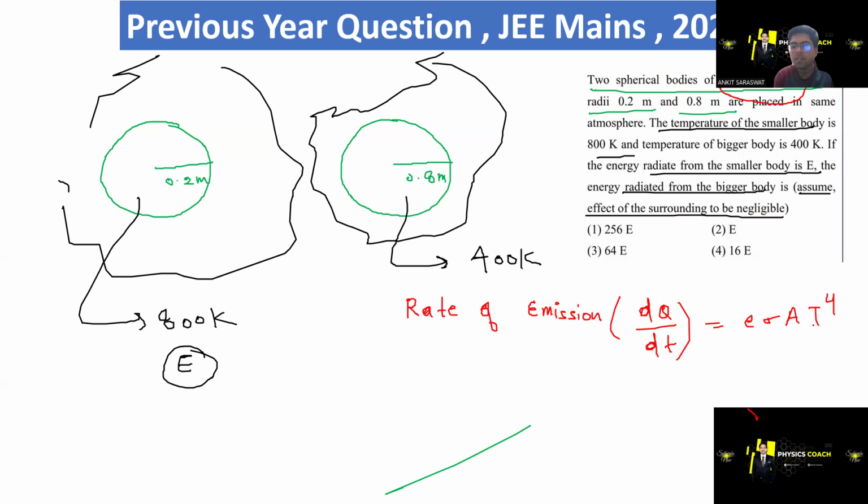So e is the same, sigma Stefan constant is the same. And dQ by dt is actually the power or energy radiated per second. That is power radiated here. Here energy radiated is dQ by dt. And what is A? A is the surface area. Here surface area for a sphere is 4 pi r square.